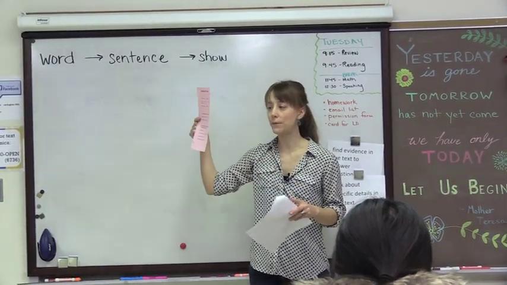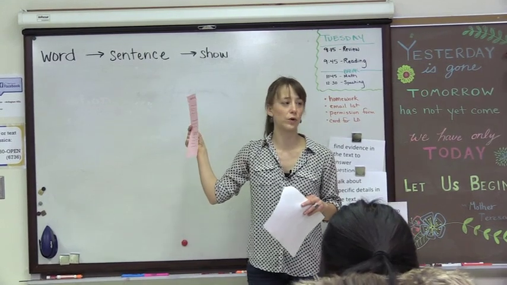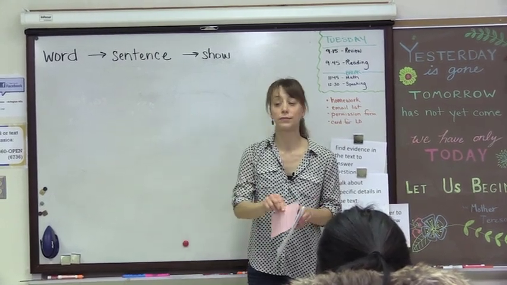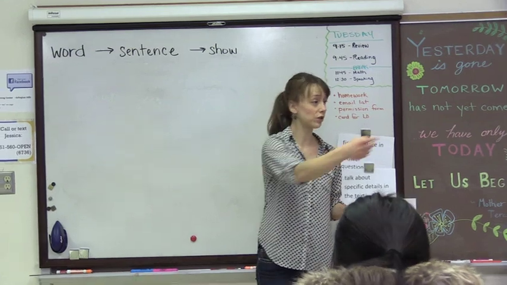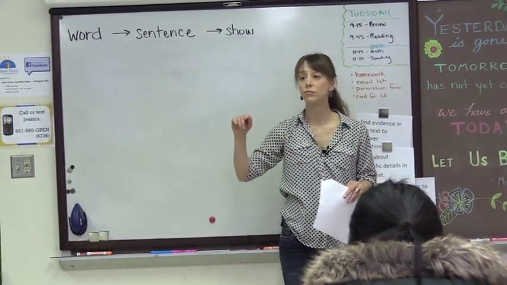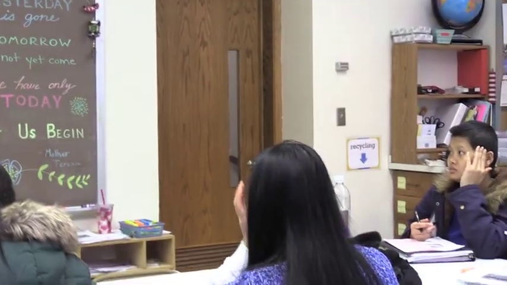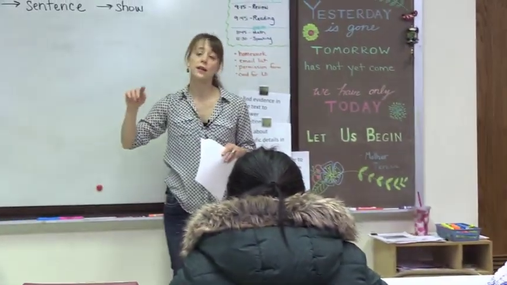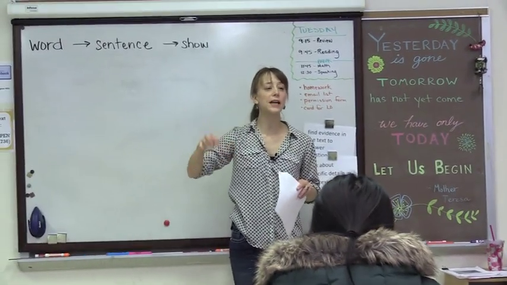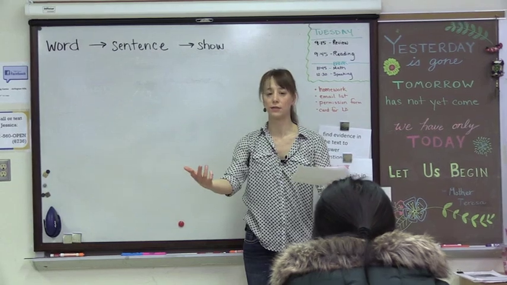So on your pink paper, what are some of the ways that you can show the meaning of the word or sentence? Draw an image. Draw a picture. An image in your phone. A dictionary definition. Okay, let's talk about not just how to find the meaning, but once you understand it, how can you show the meaning?